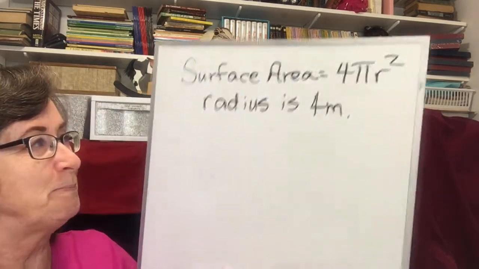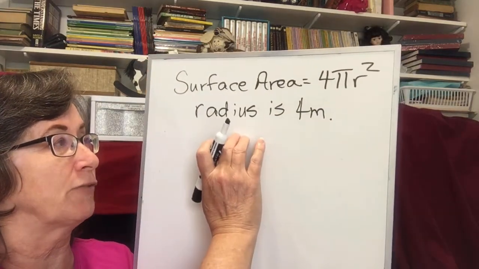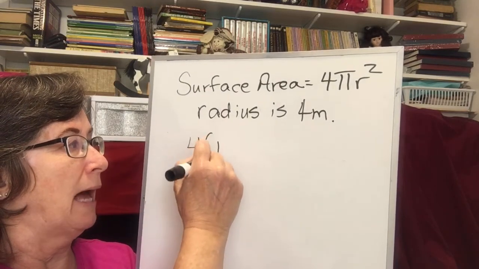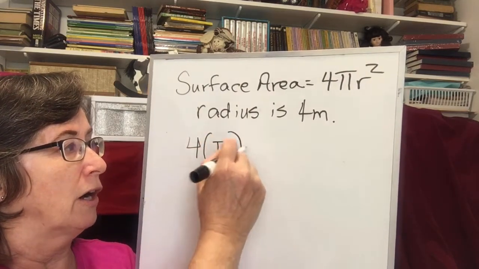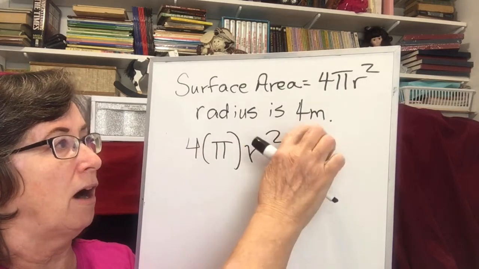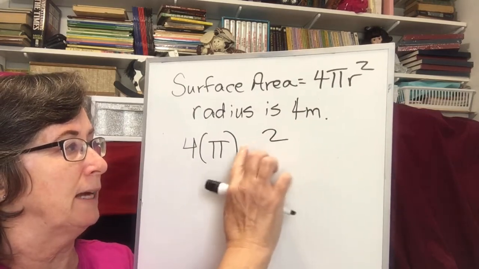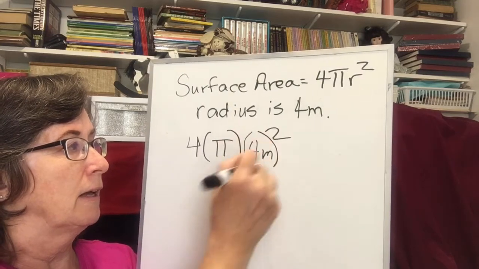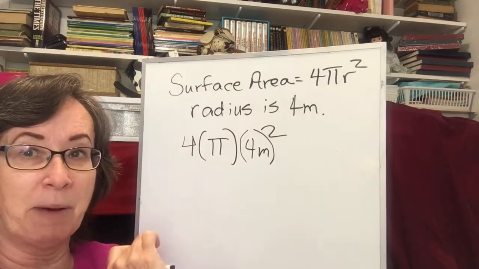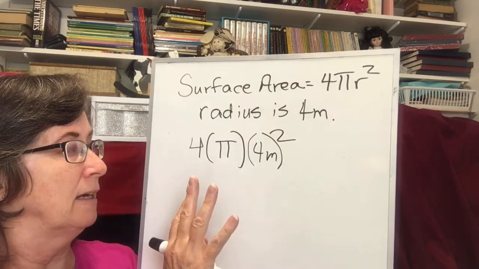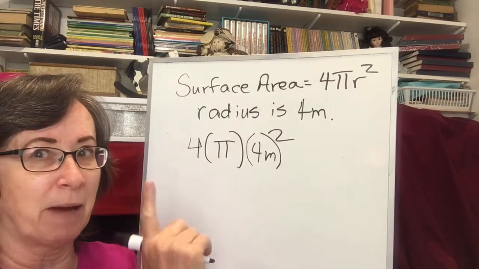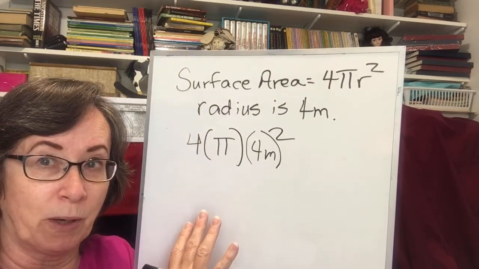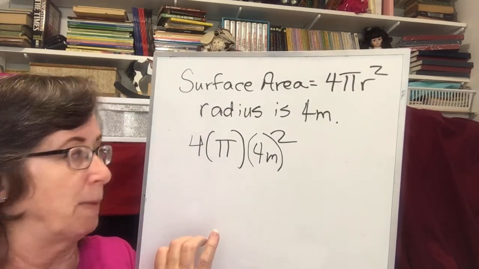Okay, so we're going to find the surface area, which we know is 4 times pi r squared. Now our r is 4 meters. I always like to leave my pi in until the end, because that gives me my exact answer, and then I will substitute in 3.14, which gives me a good approximation.